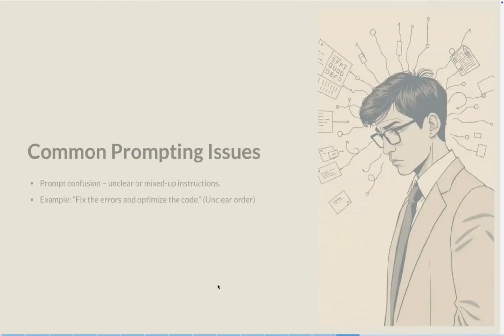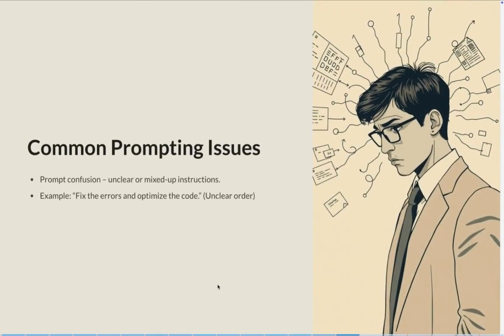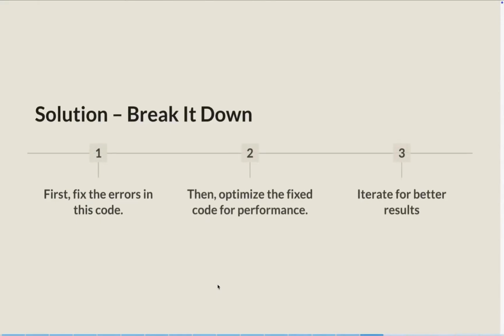Slide 11, Common prompting issues. One common issue is prompt confusion, giving unclear or mixed instructions. For example, fix the errors and optimize the code can be confusing. The fix? Break it into steps. First fix the errors, then optimize the corrected code, and then iterate as needed.